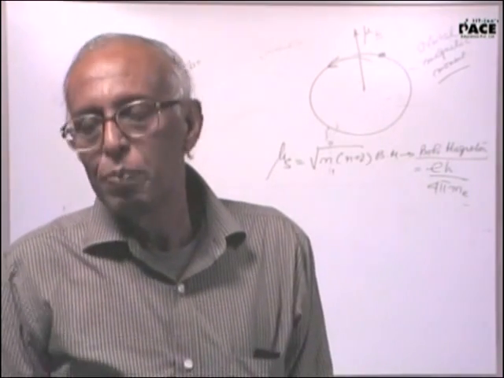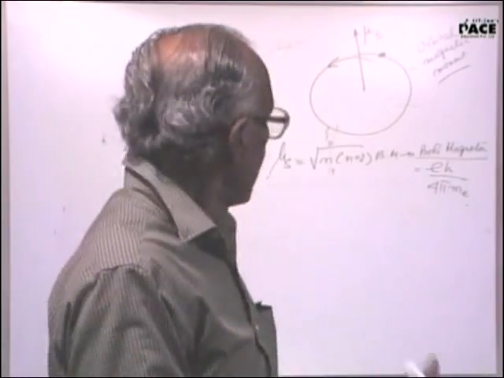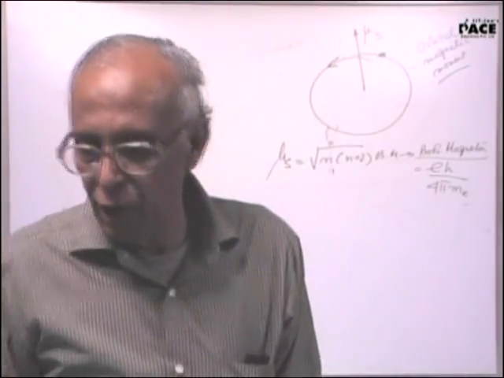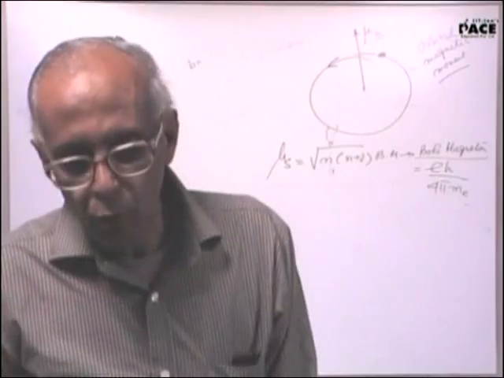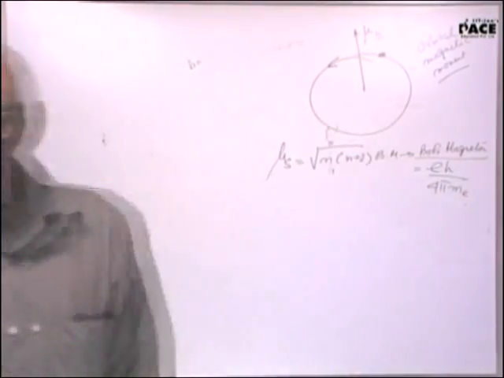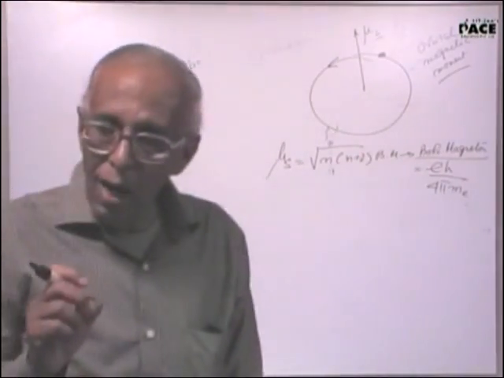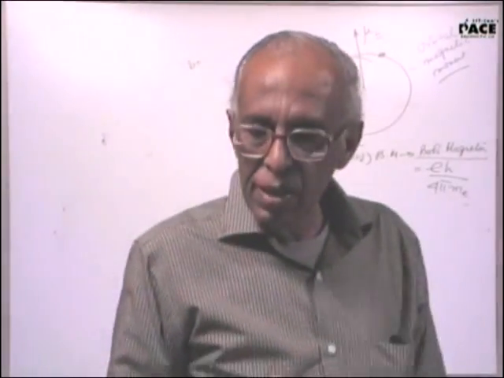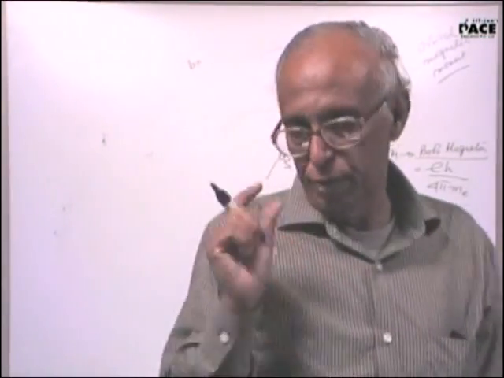So if I know the number of unpaired electrons, I can calculate the magnetic moment due to the spinning motion.